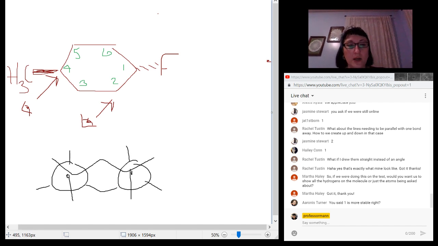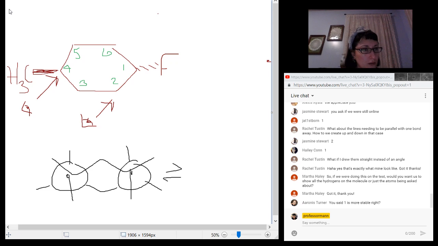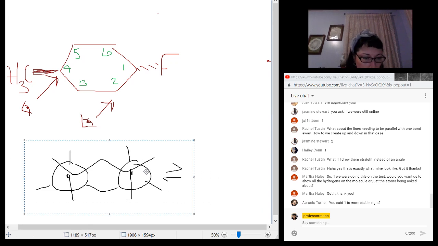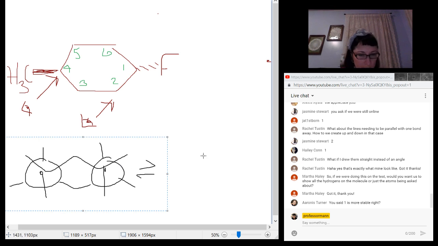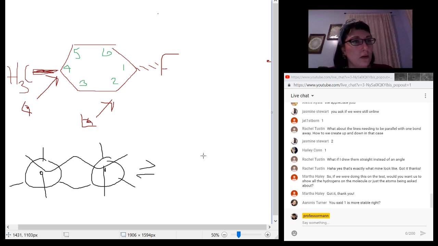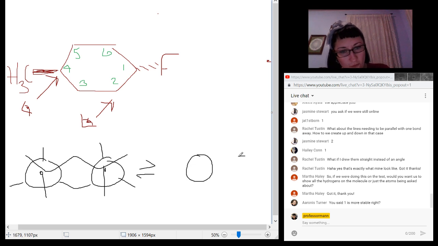So there's one. And then when you flip it, oh man, hold on a second. Here we go. Okay. So one chair form would look like that one. In the other chair form, instead of having the Y's in the front, you have the Y's in the back, right?